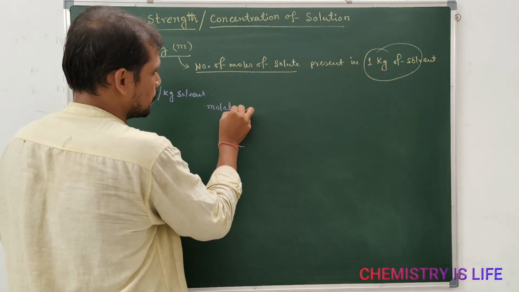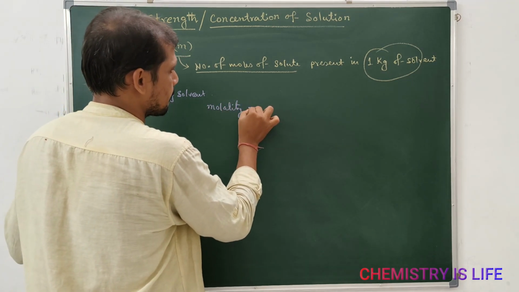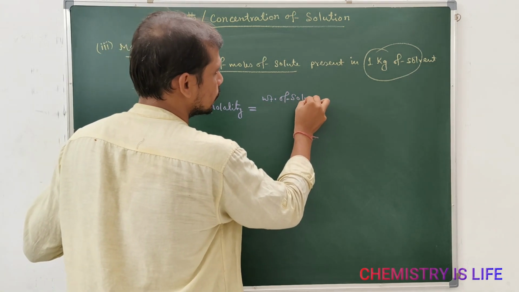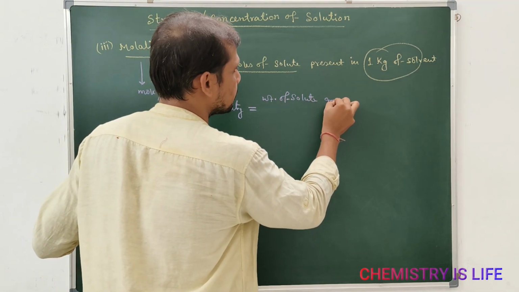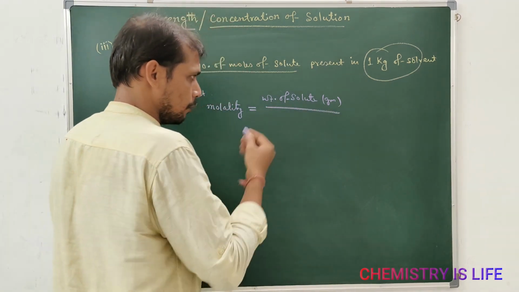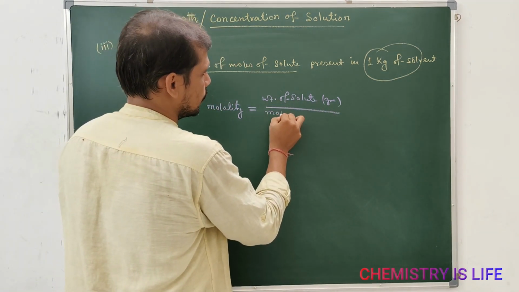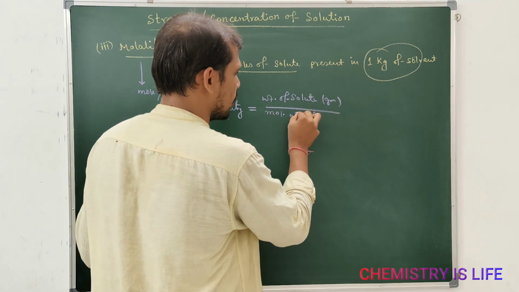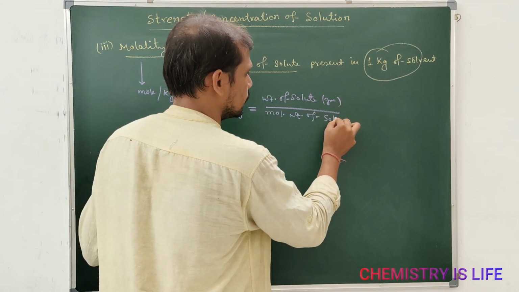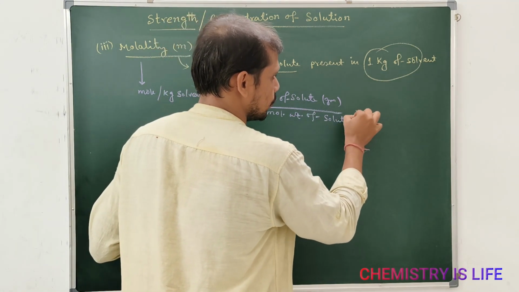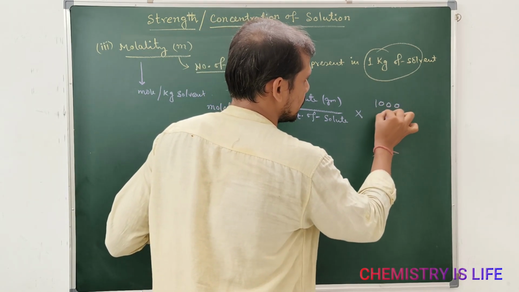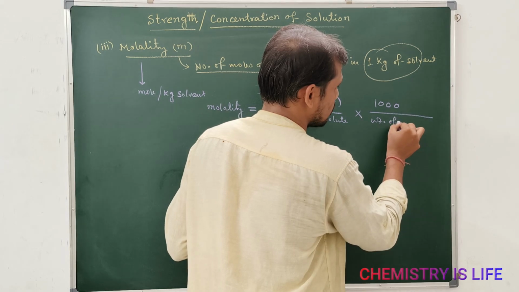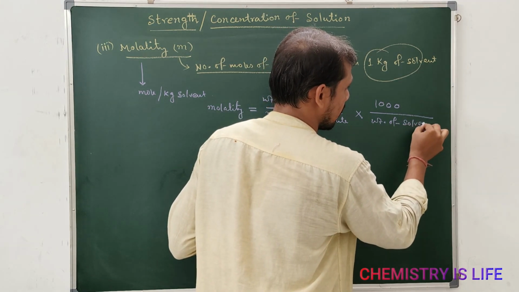Molality equals weight of solute or mass of solute in gram divided by molecular weight of solute, which gives the number of moles of the solute, into 1000 divided by weight or mass of solvent in gram.